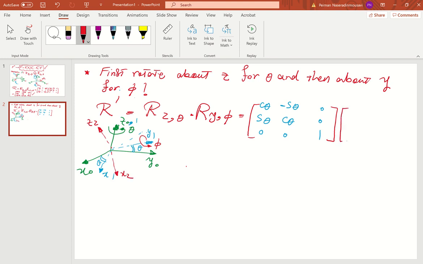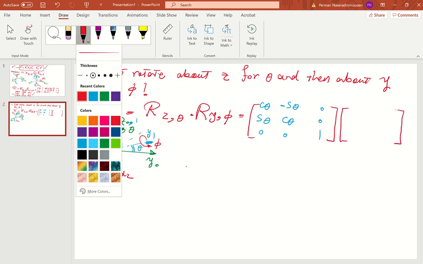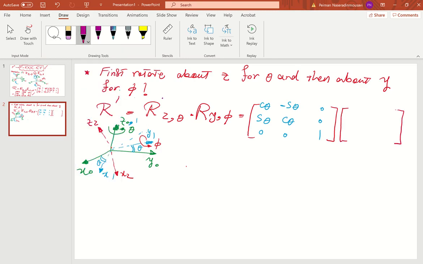So your rotation matrix is going to be, for God's sake, x2 with respect to x1, and here is phi, here is phi, and here is phi. That's right.